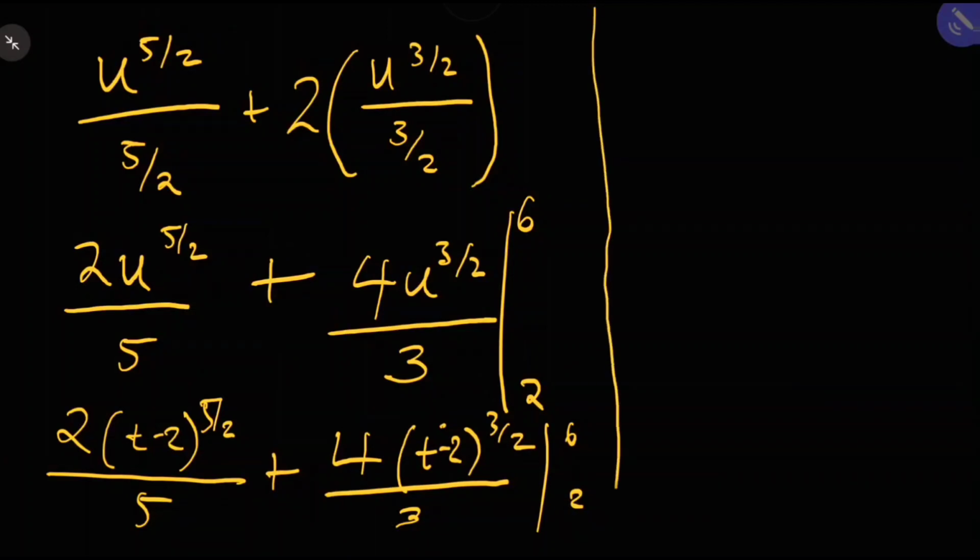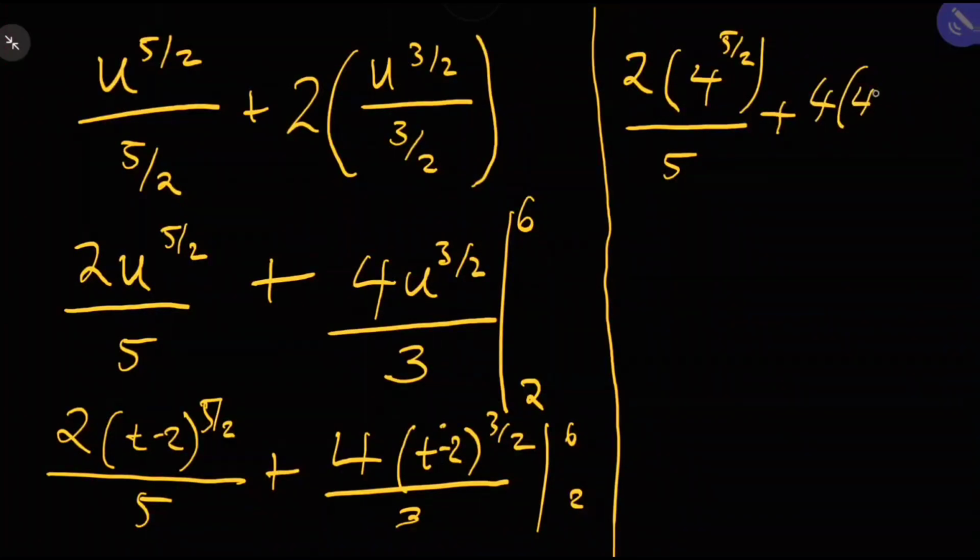Where t is 6, we have 6 minus 2, that's 4, raised to the power 5 over 2 all over 5, plus 4, where t is 6, 6 minus 2, that's 4, raised to 3 over 2 over 3.